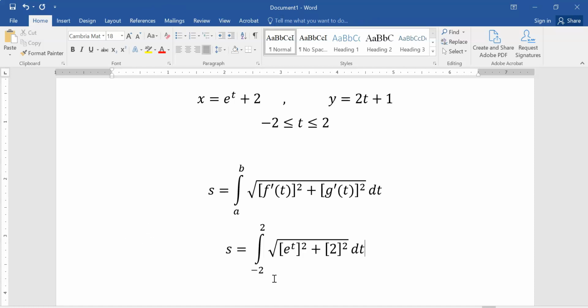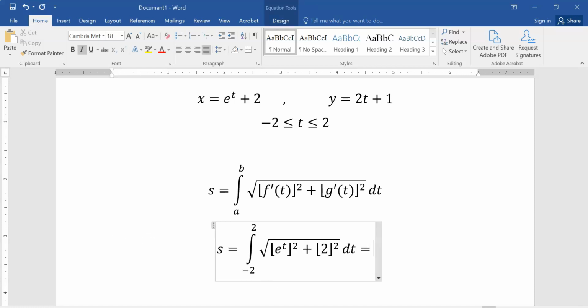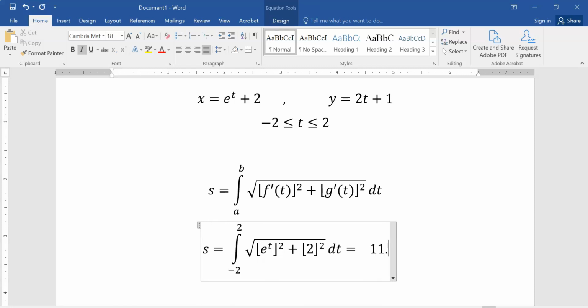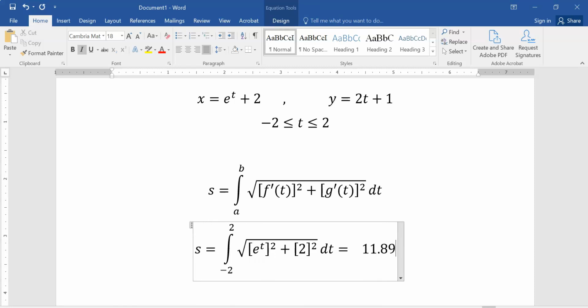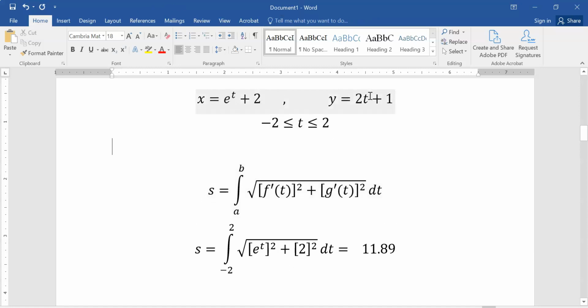Once you actually plug that into your calculator, you end up with about 11.89. Okay, so you get an arc length of about 11.89 in this case. And again, that's the length of that curve that's sketched out here between values of t, which are negative 2 and 2.